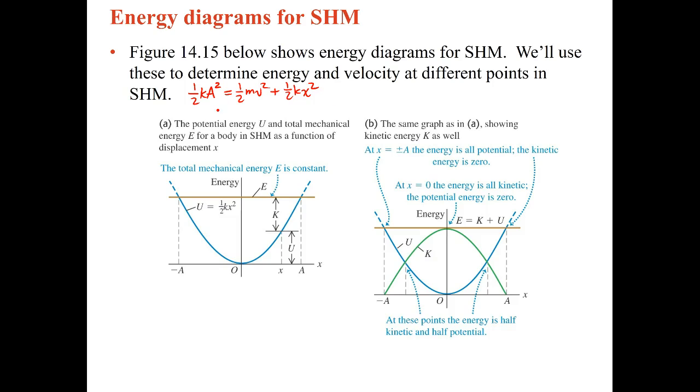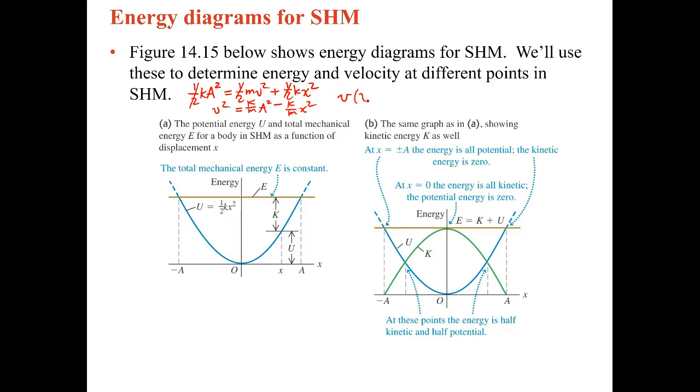This means that v squared is equal to k over m A squared minus k over m x squared. I've canceled out those 1/2s, and I've subtracted the kx squared to the other side and then divided by m.